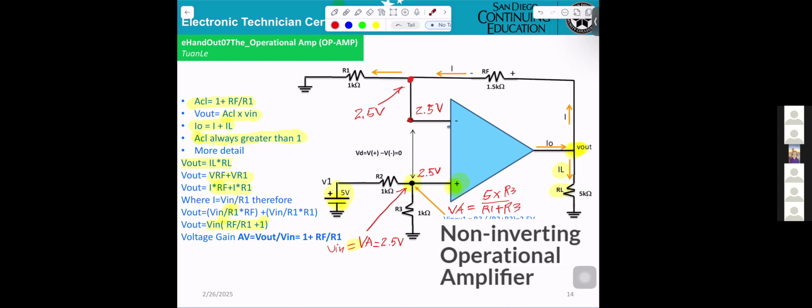Also, you can calculate the V out the other way. V out from here going through RF to ground. So V out can be equal to I times R1 plus RF. Okay? That's what they're telling you right here. Either way you can calculate the V out.